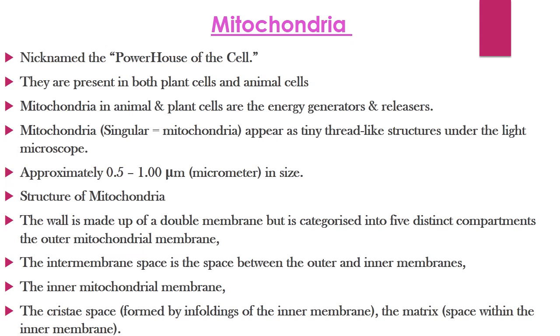In structure, mitochondria is a double-walled structure. The wall is made up of a double membrane but is categorized into 5 distinct compartments: the outer mitochondrial membrane; the inner membrane space, which is the space between the outer and inner membrane; the inner mitochondrial membrane; the cristae space, formed by infolding of the inner membrane; and the matrix, which is the space within the inner membrane.